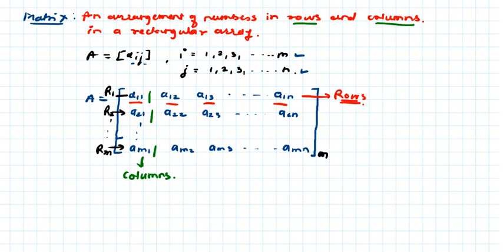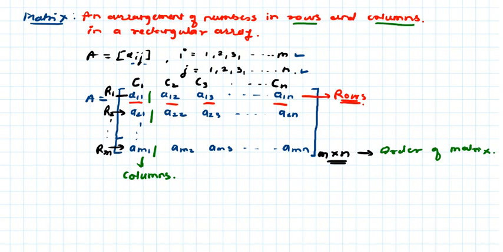And if you observe again, it contains n columns. So this will be the first column C1, this will be the second column C2, third column C3 and so on. This will be the nth column Cn. This thing is called the order of the matrix.